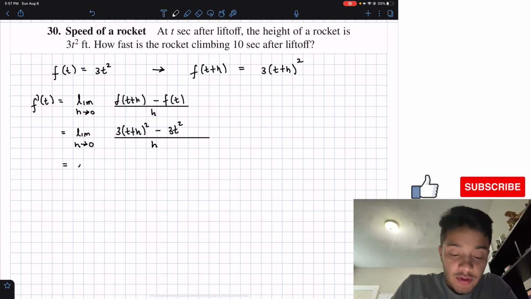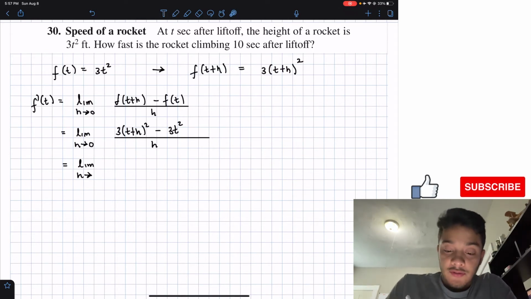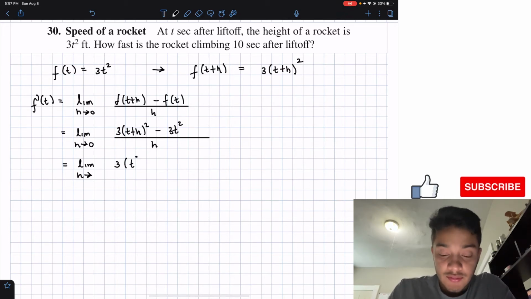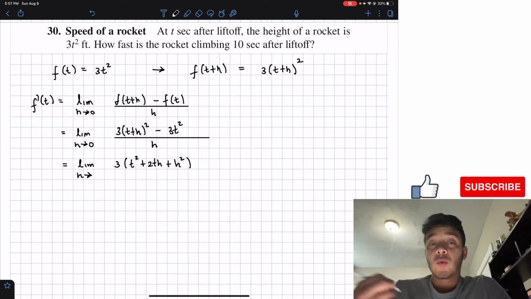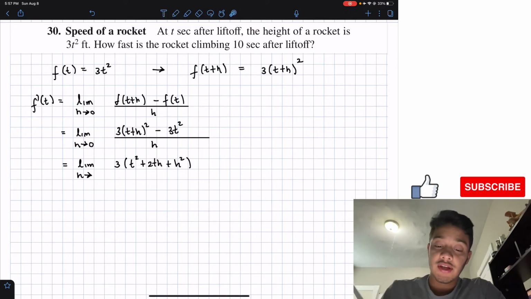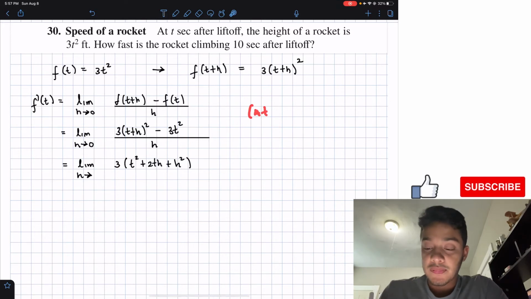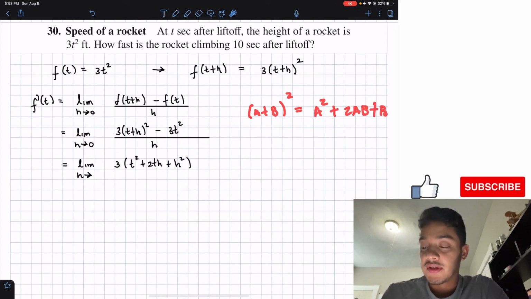We're going to first start by FOILing the parentheses squared, the t plus h squared. So we're going to have 3 multiplied by t squared plus 2th plus h squared. If you're wondering how I found this, I just used a plus b squared is going to be a squared plus 2ab plus b squared.